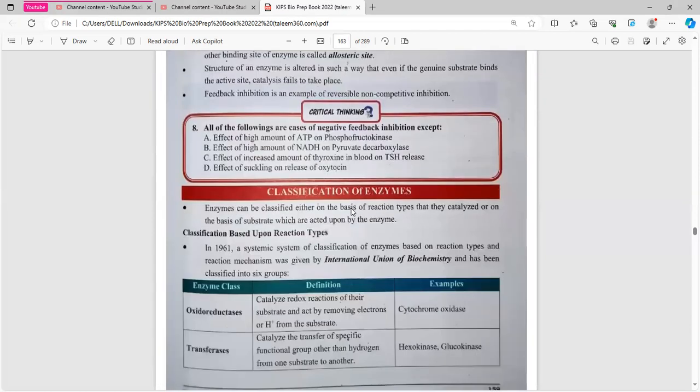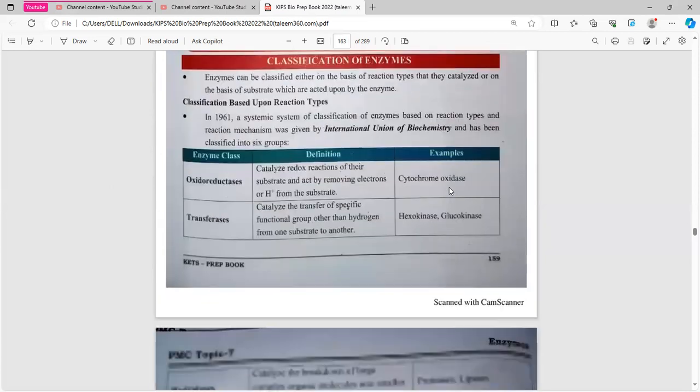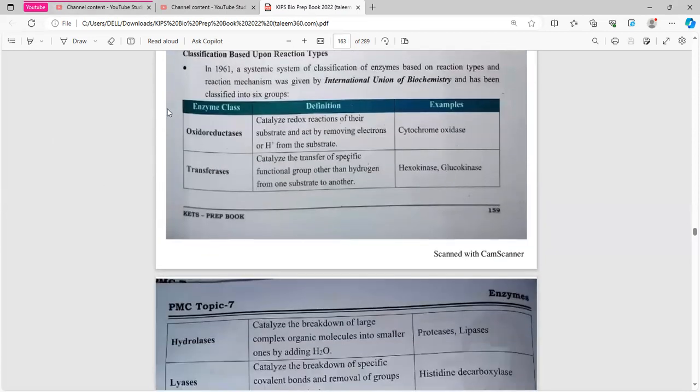So this wraps up the chapter of enzymes. Now the classification of enzymes is just a bit of memorization; you'll just have to read them once. Oxidoreductases, as the name suggests, are involved in both oxidation and reduction reactions.